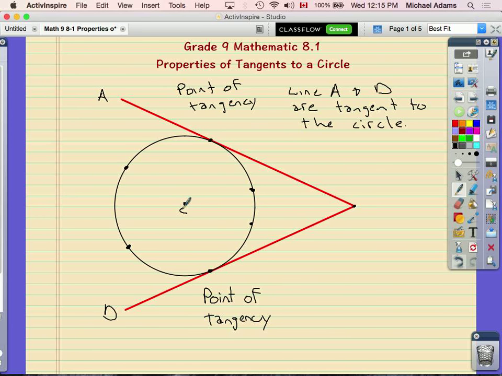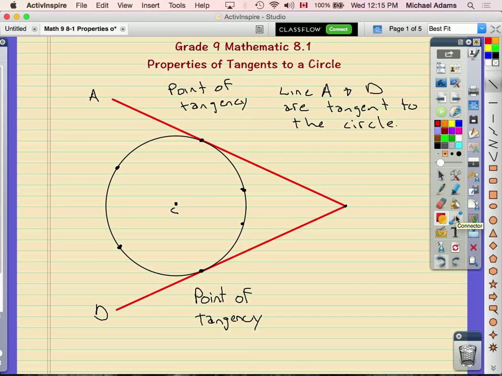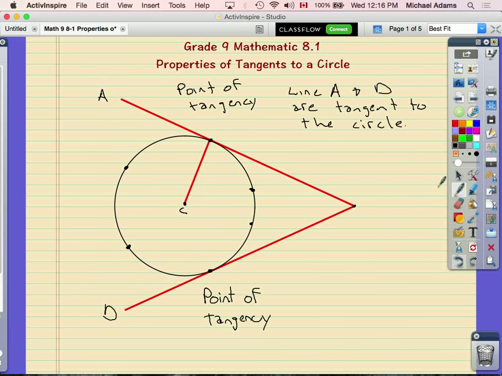Now, here's something that's super important. From the point of tangency to the center of the circle, that is something that we know as the radius. So now, here we have line A as our tangent. This line right here, that's now the radius. And now we can see a relationship between the radius and the tangent line.